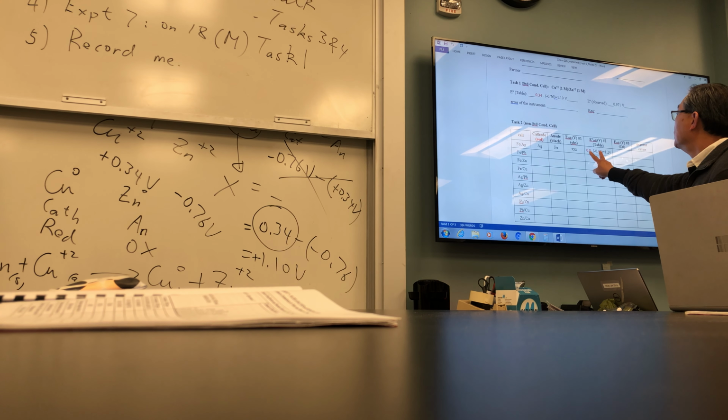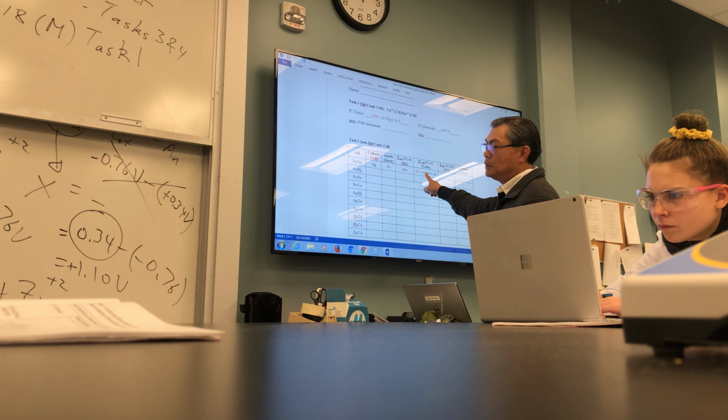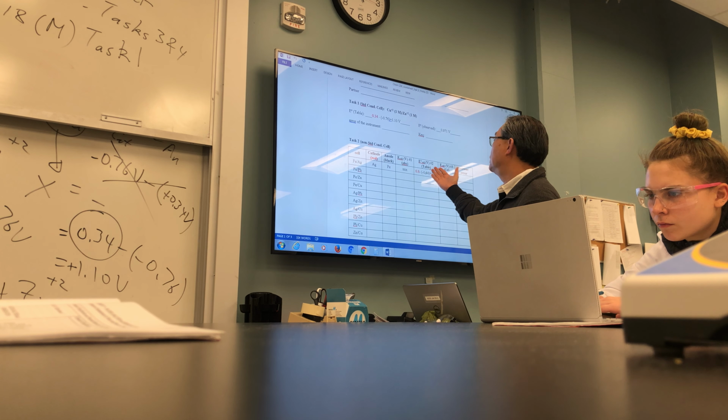Same thing, you have 2 positions, cathode and anode, and you can plug in 0.8 here and then negative 0.44. Now you get a positive number. If you switch, negative in front and positive 0.8 in here, then you get a negative number. You know you're wrong, so you switch. From here you can tell which one is your cathode and which one is your anode.